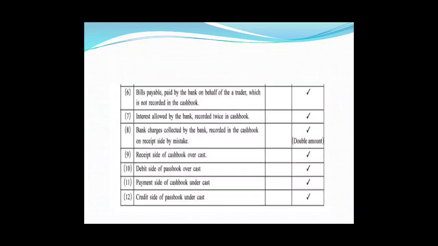Suppose the bank has allowed interest to us, that means the bank has credited interest in our account. Now if that interest is recorded in the cash book twice by mistake, it will indicate that it is credited only one time in the passbook but debited 2 times in the cash book.